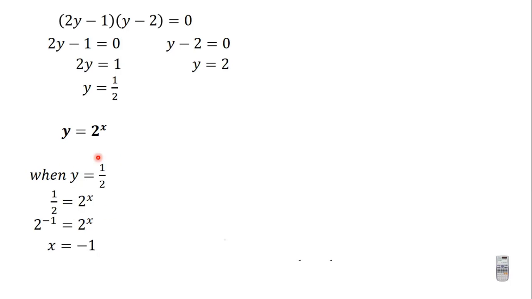Sorry, this is for when y is equal to half. When y is equal to 2, you have 2 is equal to 2 exponent x. Remember that 2 can also be written as 2 exponent 1 because any number exponent 1 is the same number.